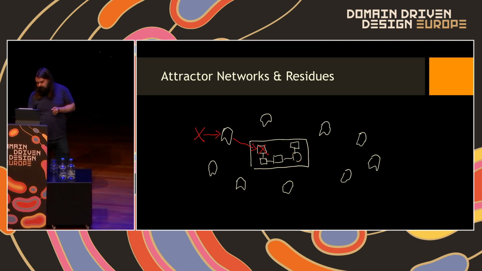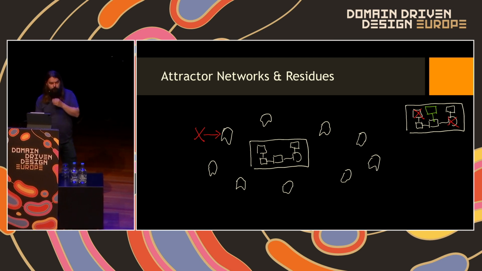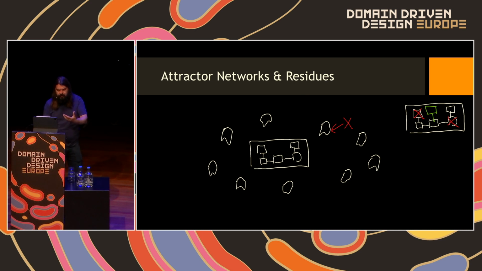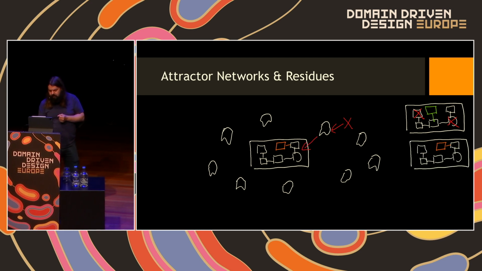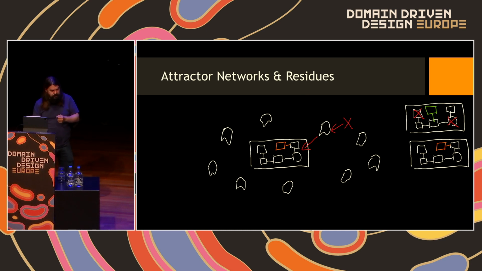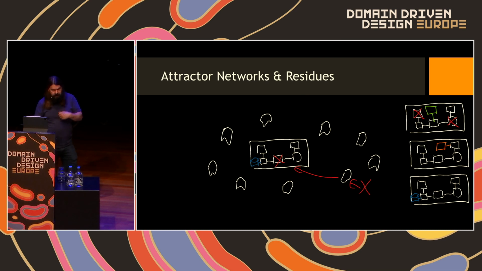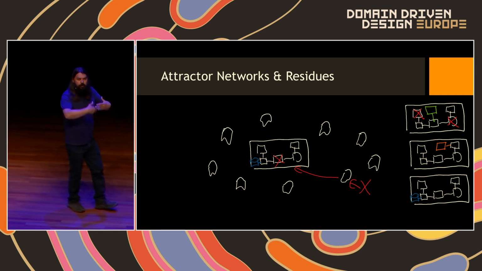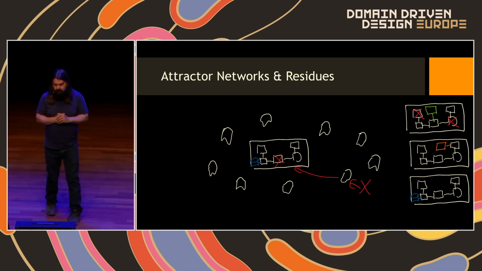And we park that over here, and we say, that's residue number 1. And then we do the same thing with another random form of stress. It pushes us to a different attractor, and it requires a different component to survive inside that attractor. That's residue number 2. And we do it again, residue number 3. And we build up this massive stack of residues that describe the system as it should be built for different attractors in the environment.